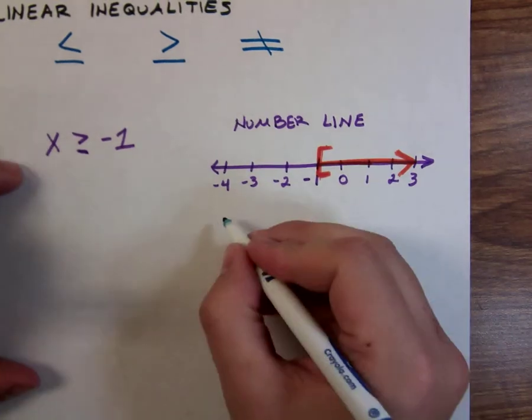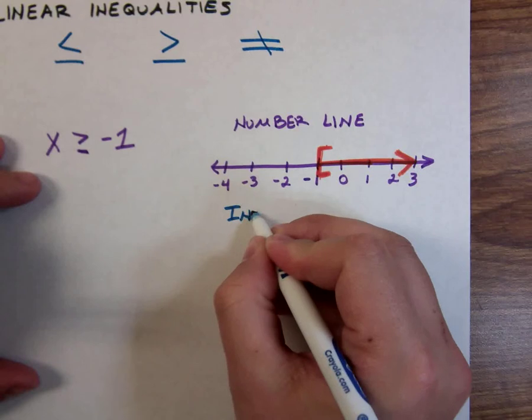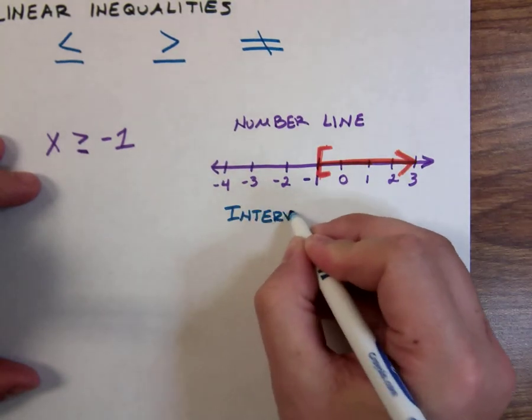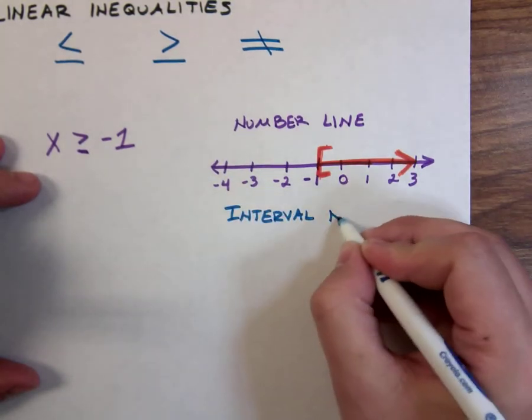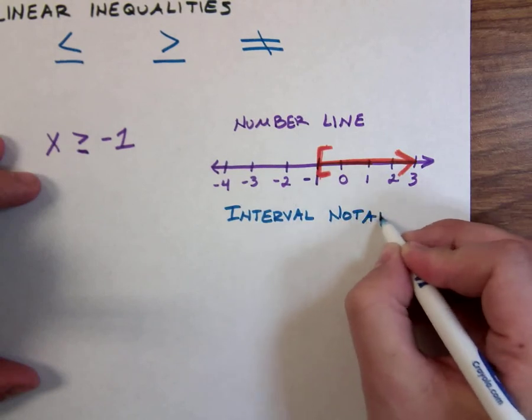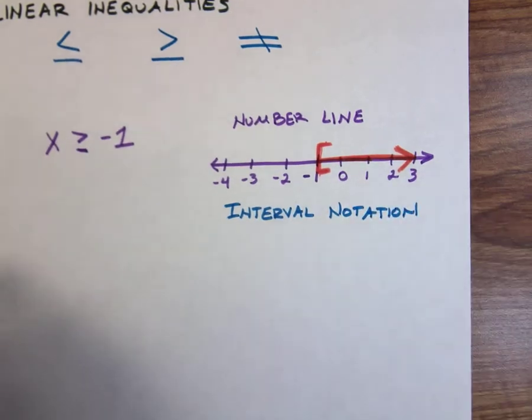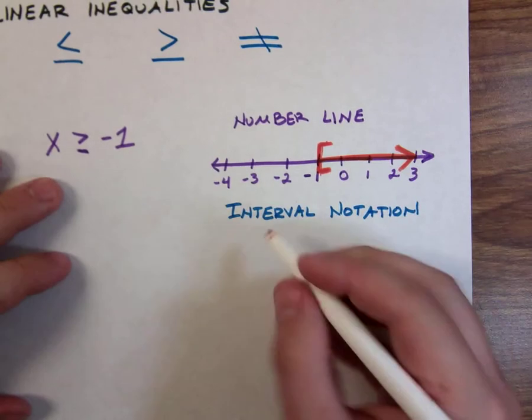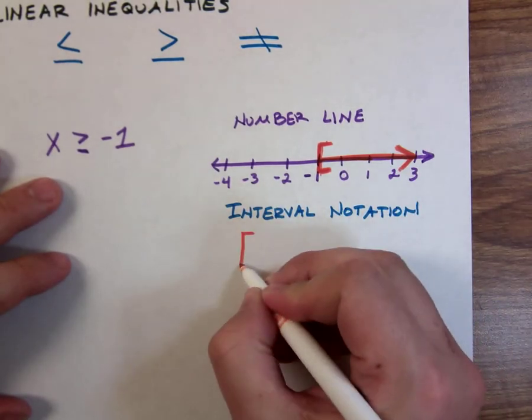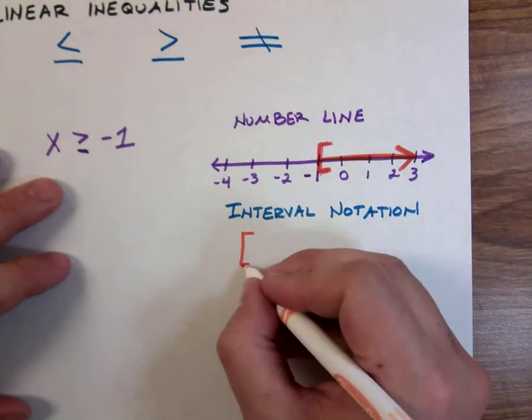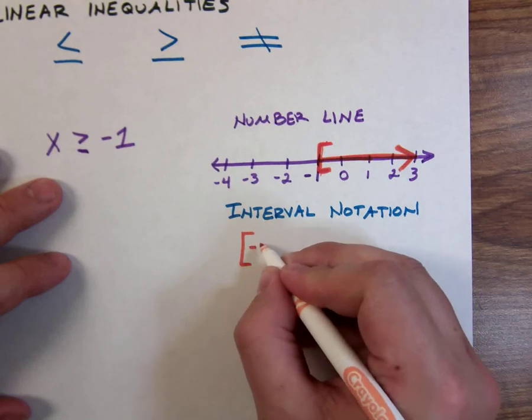The other way you can write this answer is in something called interval notation. Interval notation is how you write the answer without a number line. It looks like this. We still do our bracket, only instead of a number line, just inside the bracket, we put our number -1.